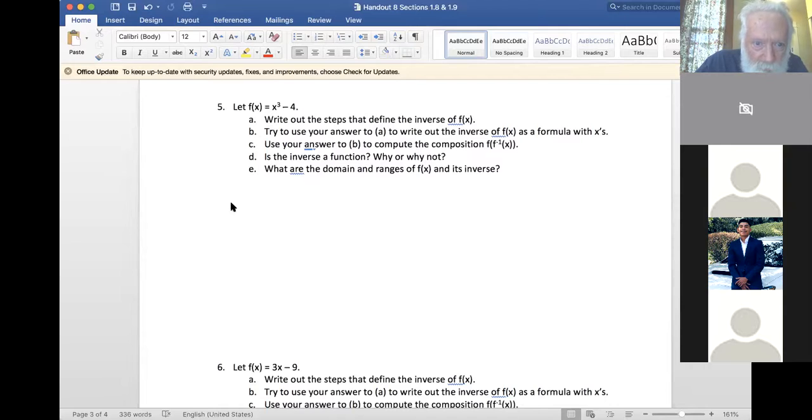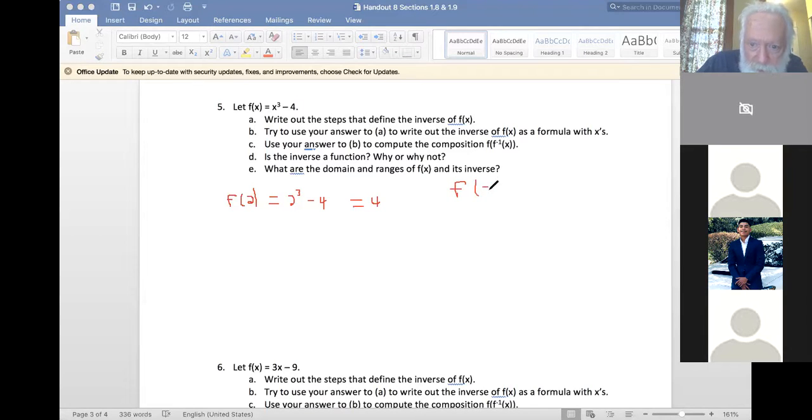It helps sometimes to see what F does. So I'll take a small number, 2, and compute that. That's 2 cubed minus 4, which gives me 4. So f of 2 is 4.